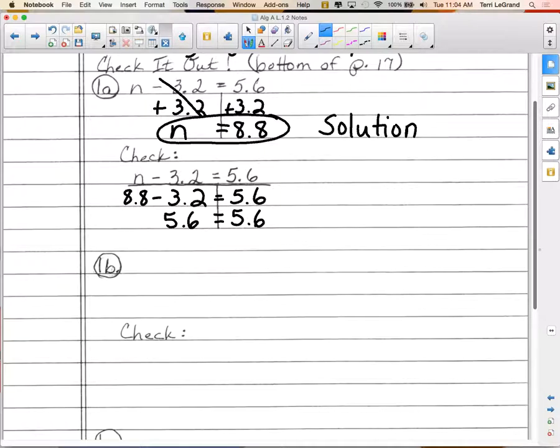And then you say, do I have a true statement? Is 5.6 the same as 5.6? Is it check? Yeah. 8.8 made the equation true. This is a true statement. So notice the difference. I want you right now to observe the difference between solving and checking on your papers. I don't want that to be confusing, but I do want you to do check problems in your homework.